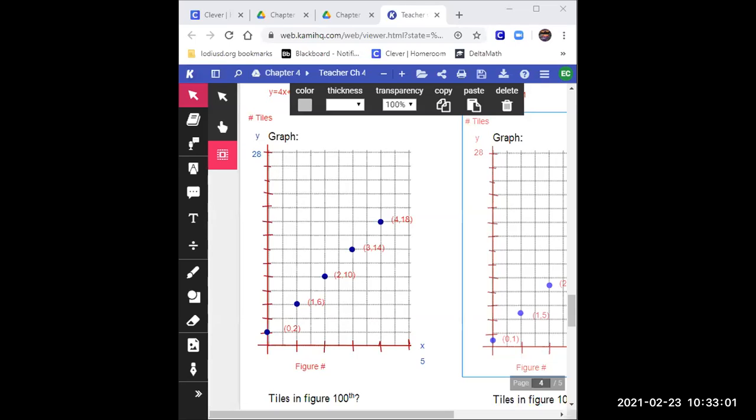And each line's worth 2. Remember, we figured that out yesterday. So what are we going to say? How many lines are we going to go? 2, 4. Keep going.